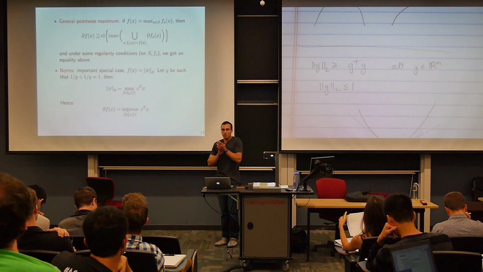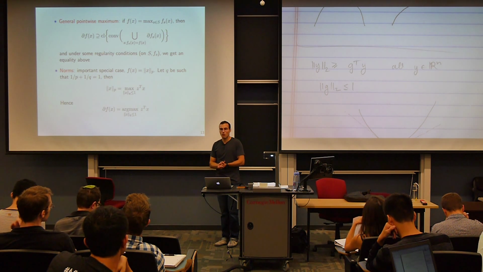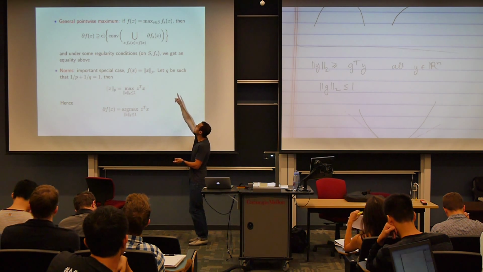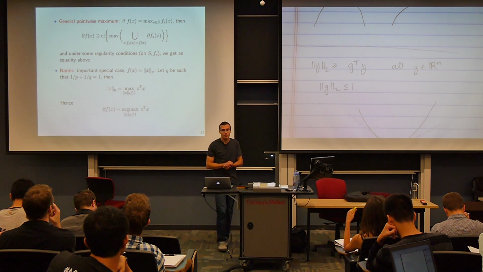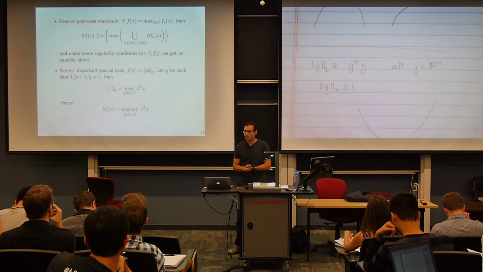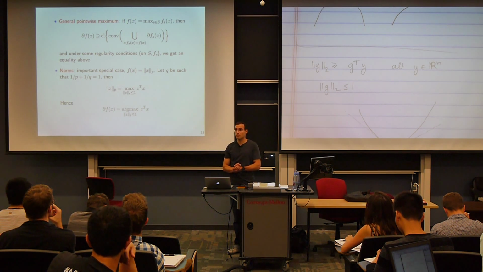This rule is actually possible to generalize even beyond just a finite number of functions over which we take the maximum. And this one is going to be really useful when we talk in particular about norms. So this may look like an even more complicated expression. Really, I think the best way to remember this is for norms.